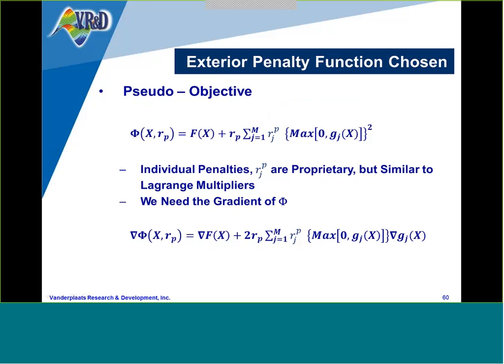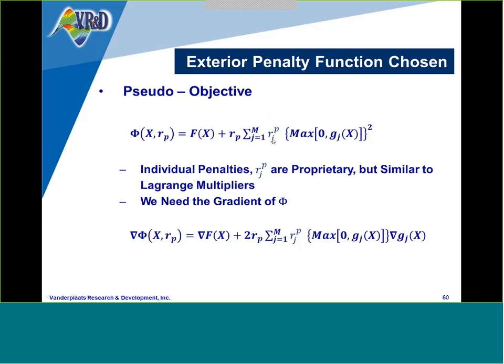The big DOT program creates an exterior penalty that is the objective function plus a big constant multiplier times the summation of the constraints, and you only have 0 or g. So if g is negative, that is, it's feasible, you don't even have to worry about that constraint.